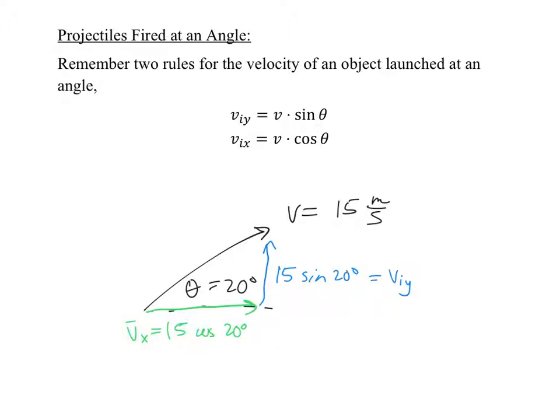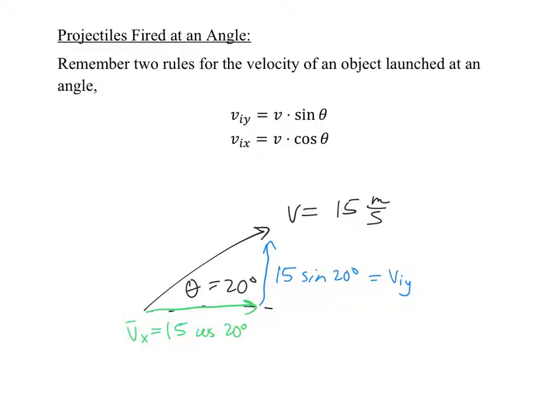But in the y direction, gravity accelerates all things. So although 15 sine 20 is what I'm starting with for velocity in the y direction, it will change dramatically. I'm going to show you a quick demo of that and how that looks before we get into the next problem.